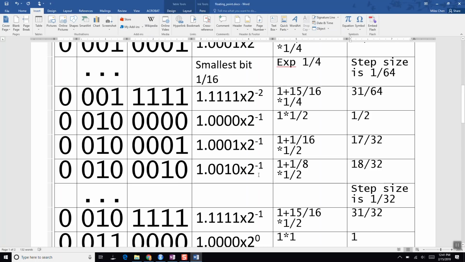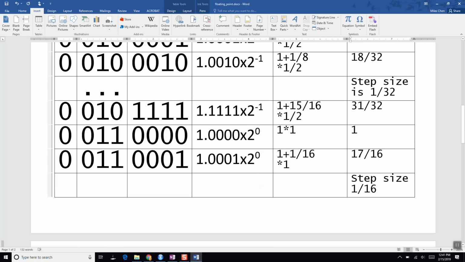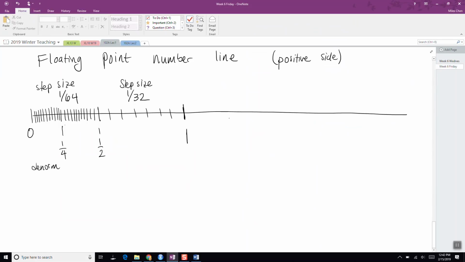If we continue all the way up until and after 1 until we get to 2, our step size is only 1/16, and so on until the step size is 1/8, sorry, I can't do math today.